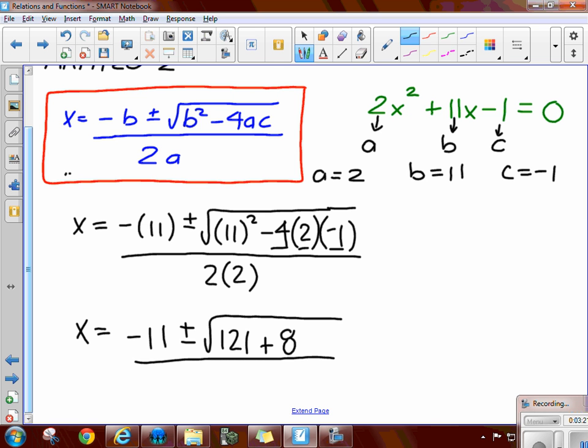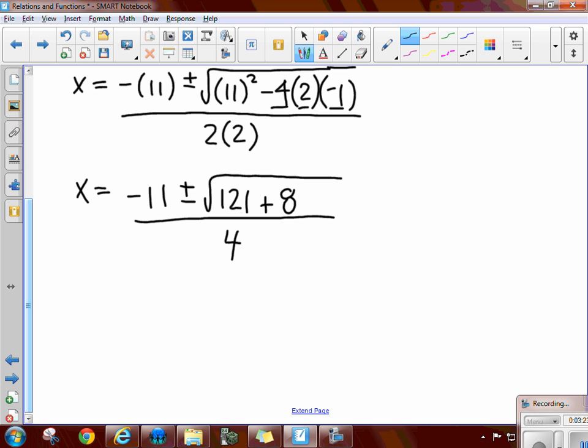All over 2 times 2, which is 4. So we did the calculations simply. Now it's just a matter of cleaning up our information. We got -11 plus or minus the square root of 129, all over 4.